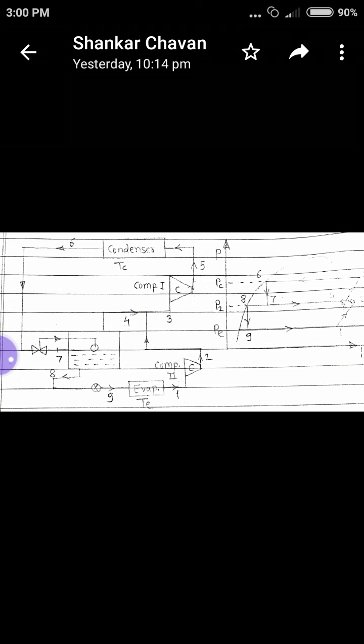If this flash, that is vaporized refrigerant, enters into the evaporator, that vaporized refrigerant does not absorb any latent heat of evaporation from the evaporator. That means that refrigerant does not produce any cooling effect or refrigeration effect. So if we want to reduce the size of the evaporator, the flash chamber is used.